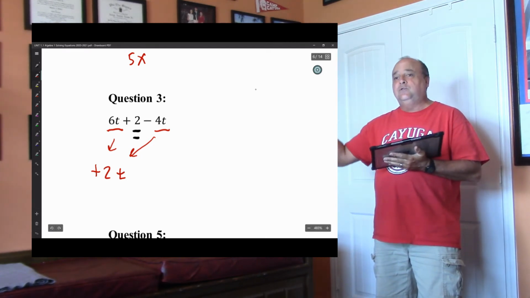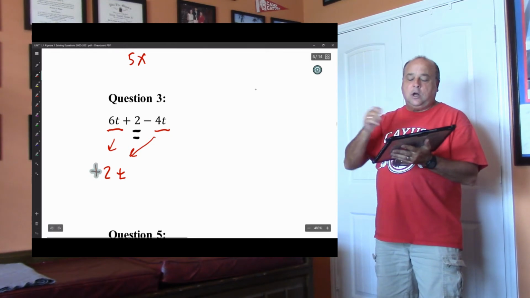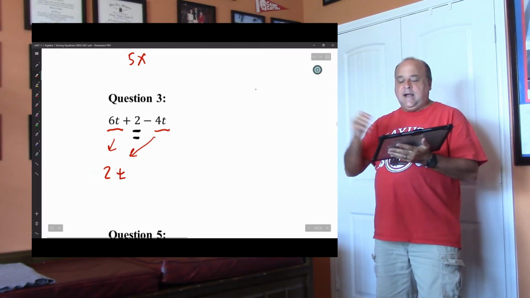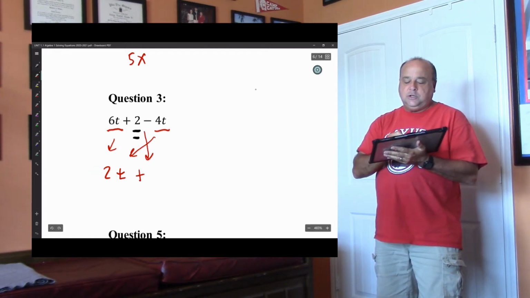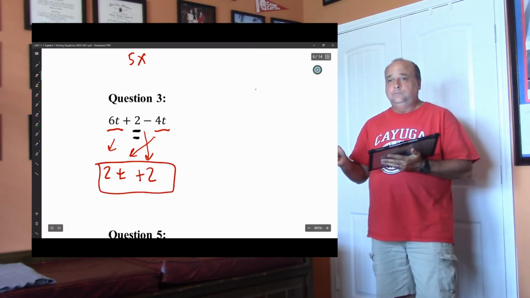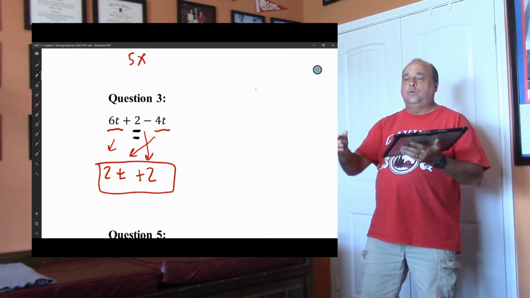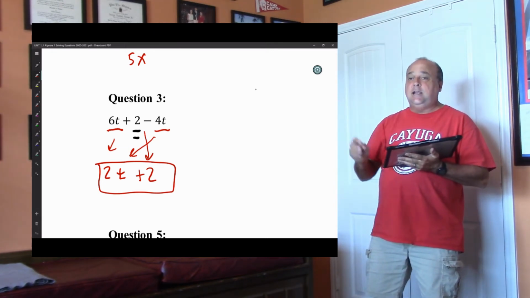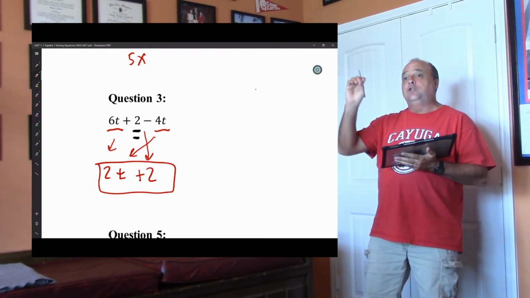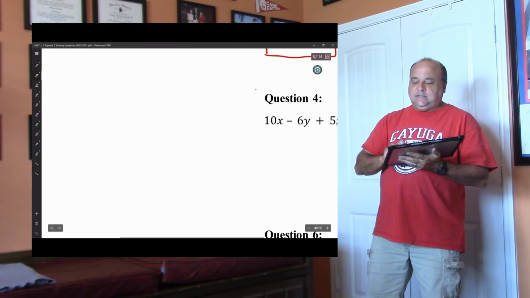Notice I just wrote down sign, number, letter. You don't need the plus to start off with though, do you? And then lastly, the plus 2 is just going to drop. So the answer to this would be 2t plus 2. Okay, so all you're doing is 6th grade integer work, and you're adding and subtracting either the coefficients or bases and the integers or constants.